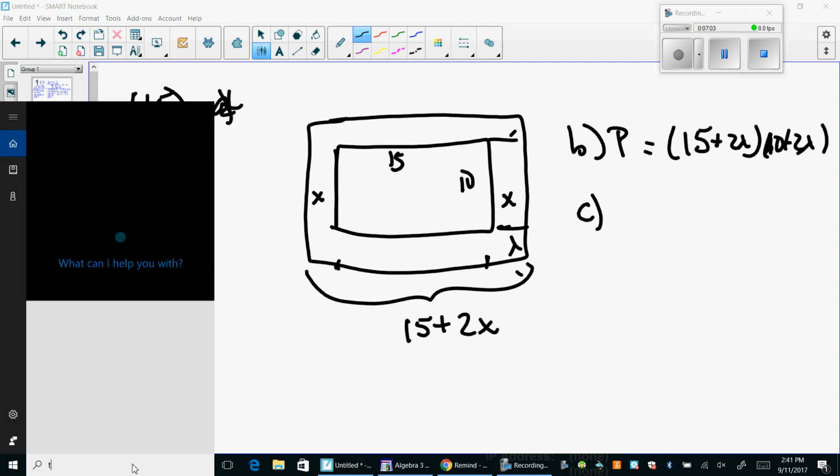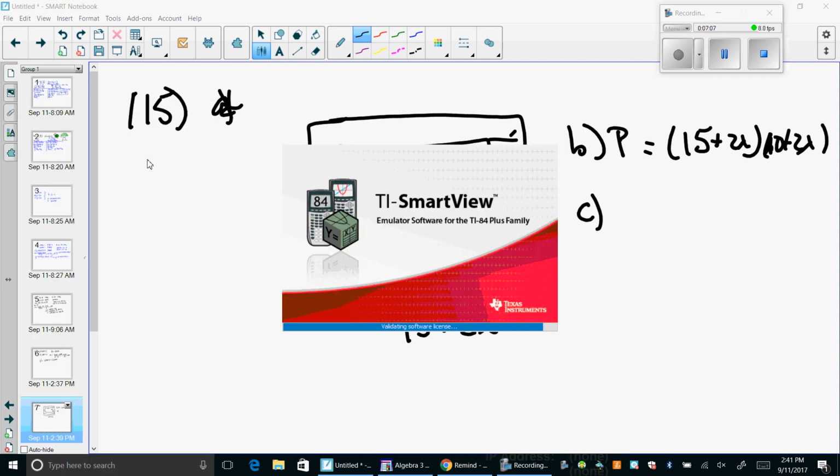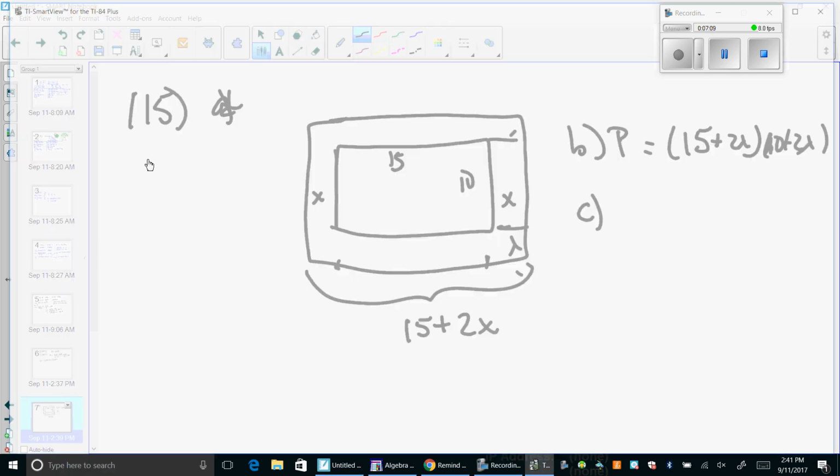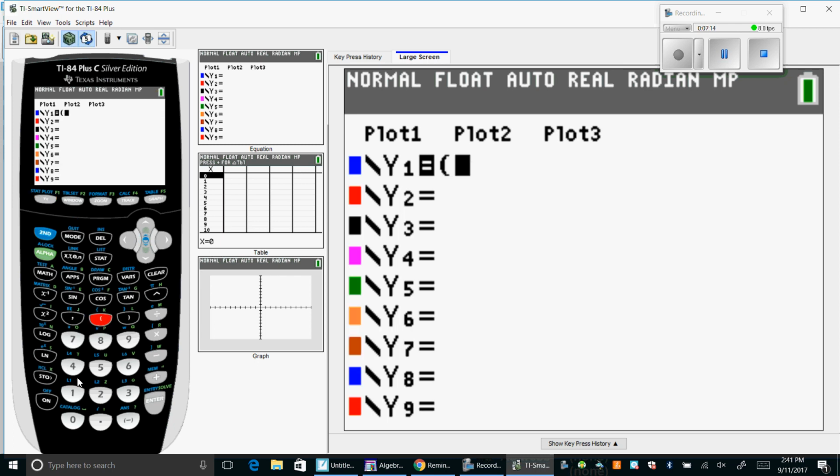All right, let's see if I can pull up a graphing utility right now. So 15 plus 2x times 10 plus 2x in my y equals. And the perimeter, if there wasn't a walkway at all, would be 50.